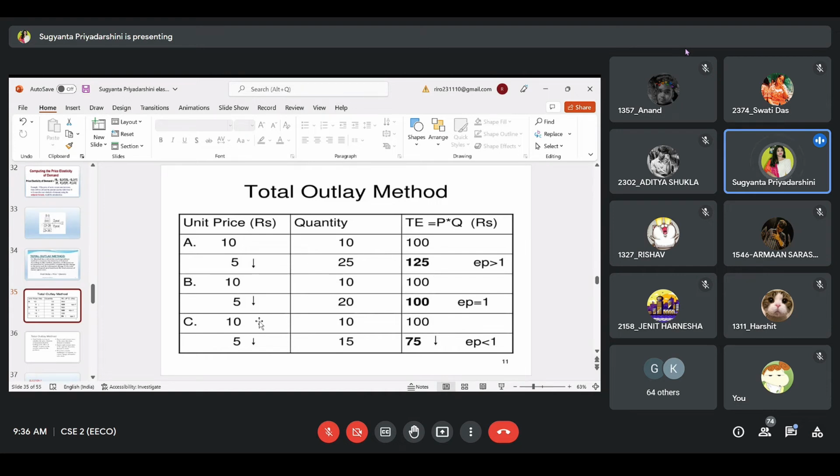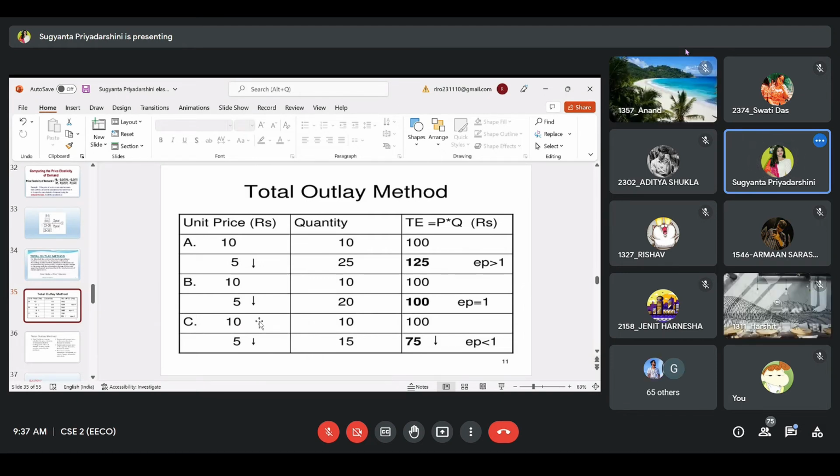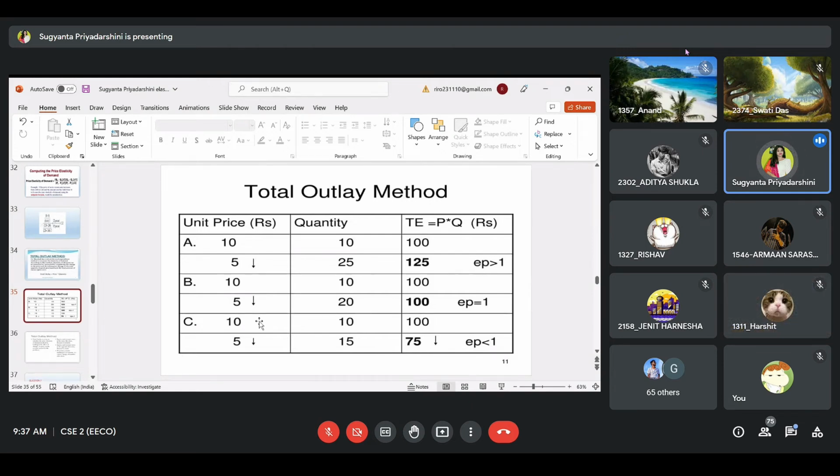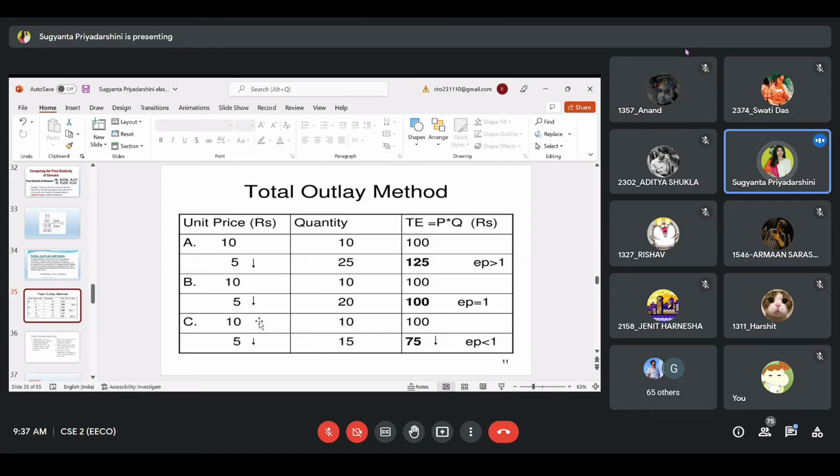To brief it: if price and total expenditure are traveling in a similar direction, that means they are less than elastic. If they are traveling in opposite directions, they are more elastic. If whatever the change in price, your total expenditure remains constant, that is unit elastic. Is it clear?